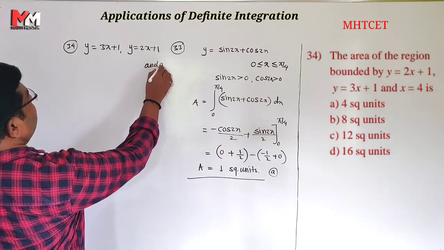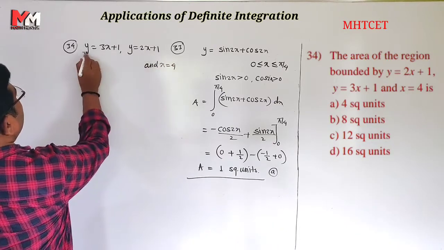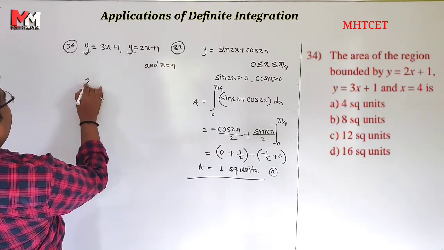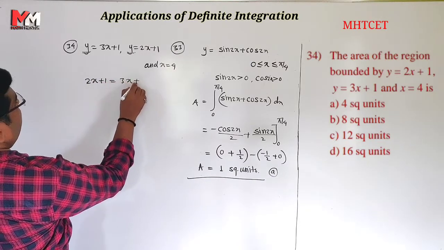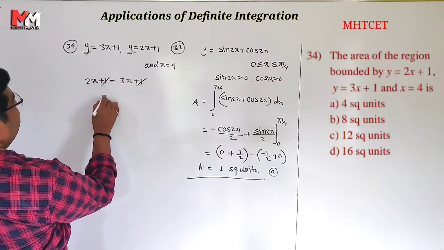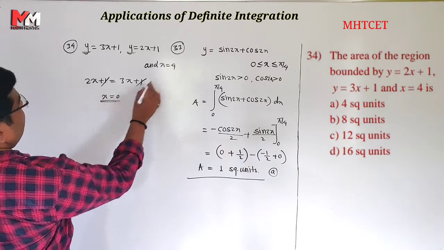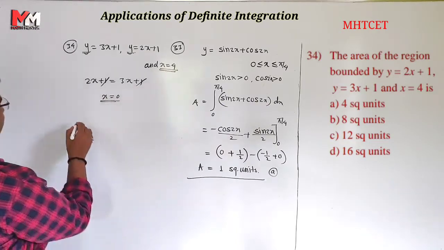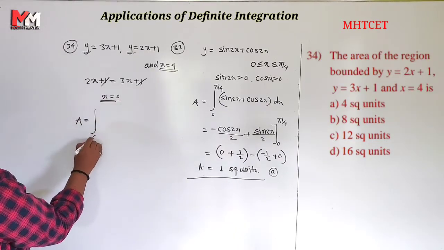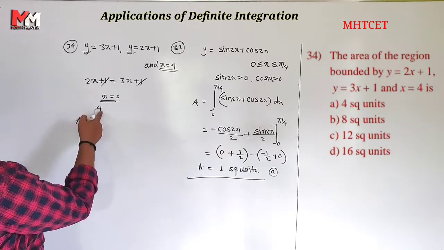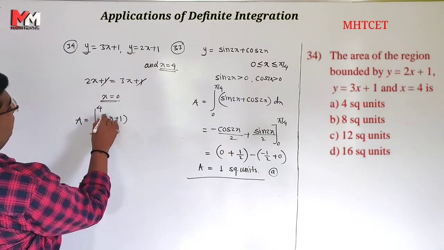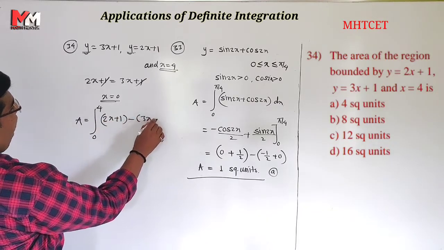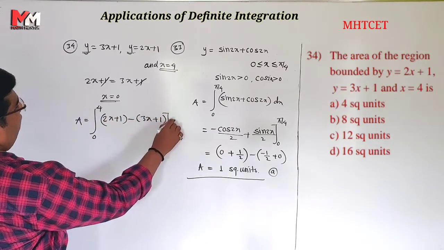The left side is the same, so we consider the right side. 2x plus 1 is equal to 3x plus 1, the 1s cancel, so x is equal to 0. x is equal to 0 and x is equal to 4 are the limits. So the required area is the integration from 0 to 4 of 3x plus 1 minus 2x plus 1 dx.